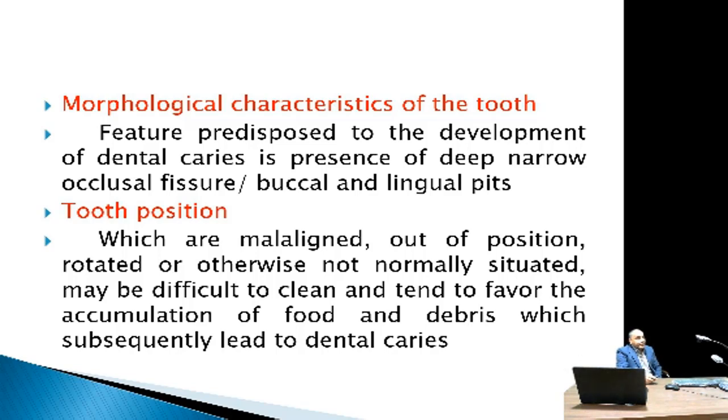So an abnormal position of the tooth creates an area that is difficult to clean, which helps accumulation of food, especially carbohydrates, and then leads to the formation of dental caries.